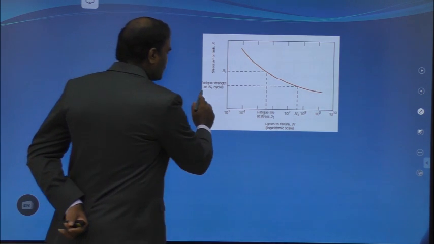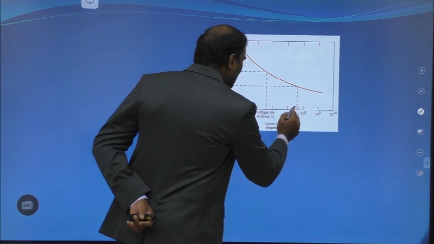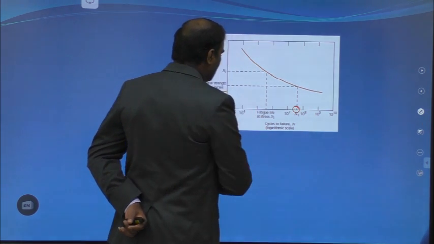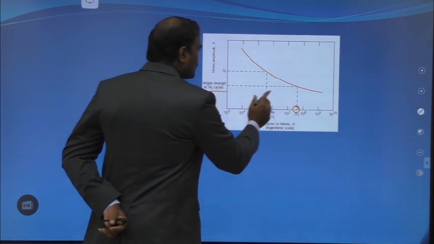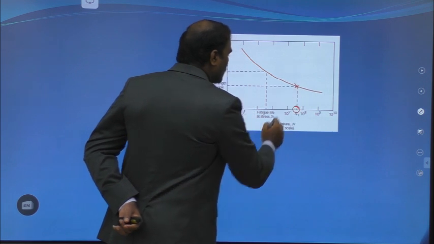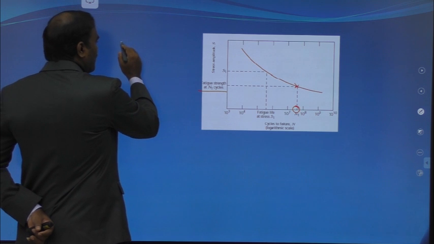Fatigue strength is where N1, the number of cycles, is kept constant, and I determine the amount of stress that should be applied for the fracture failure.